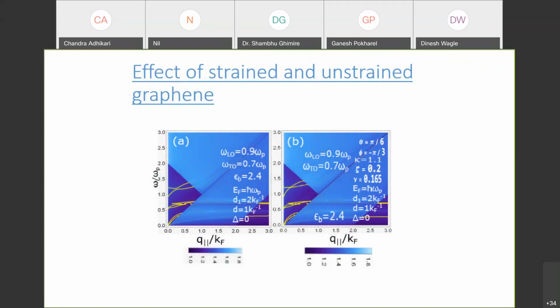The only distinction is when we consider strain: the two plasma modes, the upper hybrid modes, come into contact. So we get a kind of degeneracy there. That is the big difference due to the effect of strain.